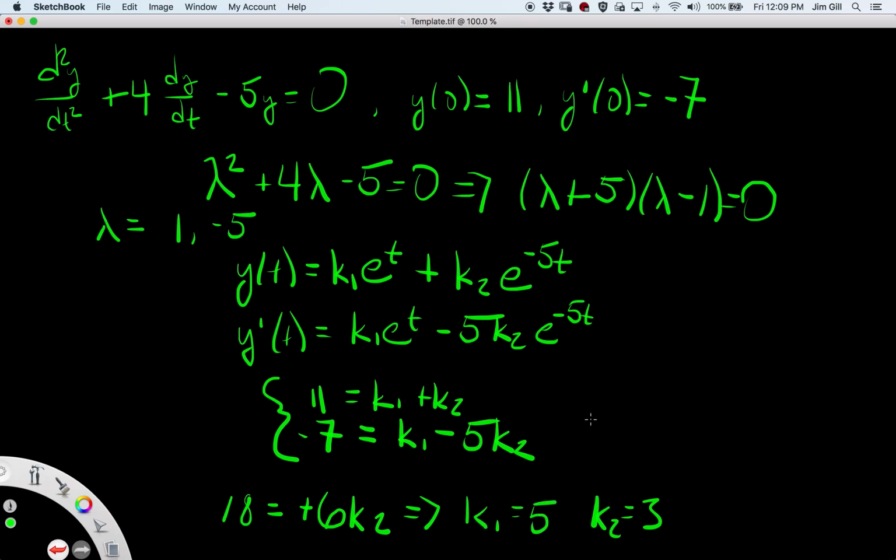And so our specific solution in this situation is 5 e to the t plus 3 e to the negative 5t. And that's our solution. Okay, let's do another one.